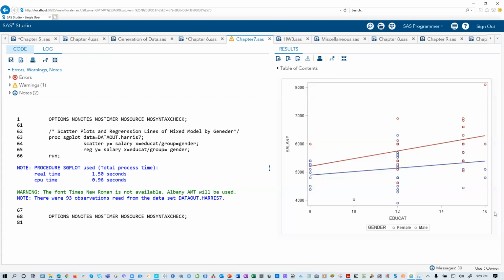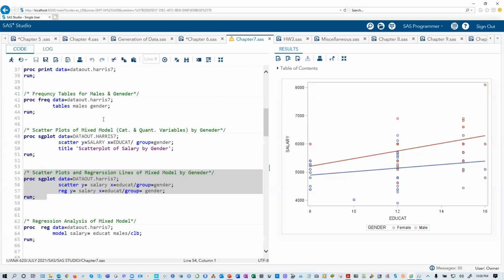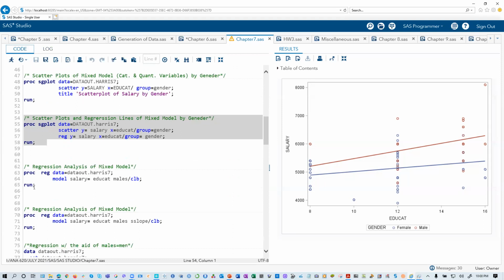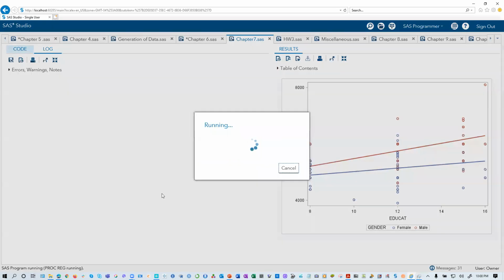Can you see? Then do the regression analysis for this one, education and the males. Okay, look at what we got.